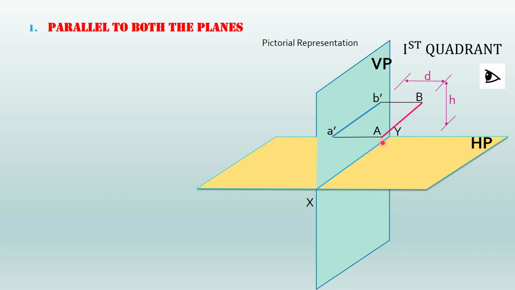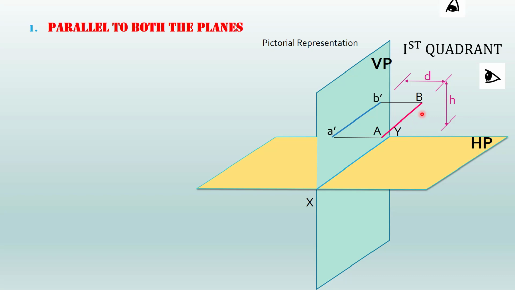So we'll get the front view, which is also known as the elevation of the line capital AB on the vertical plane. And I have marked that line as A dash B dash. Now what is A dash B dash? A dash B dash represents the elevation or front view of capital AB.